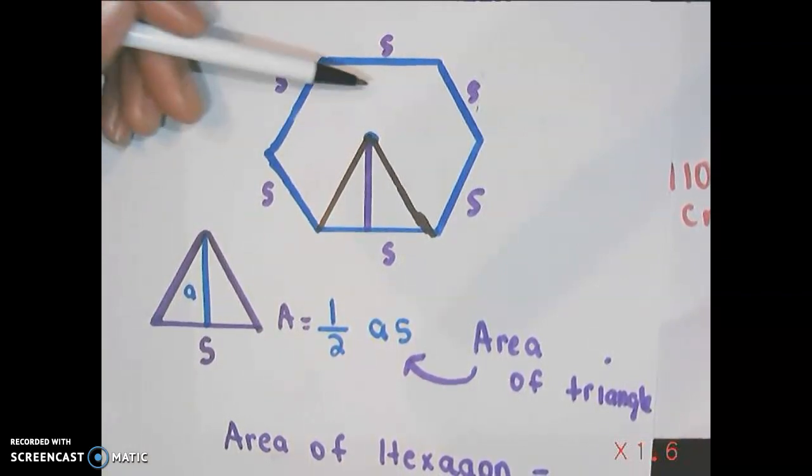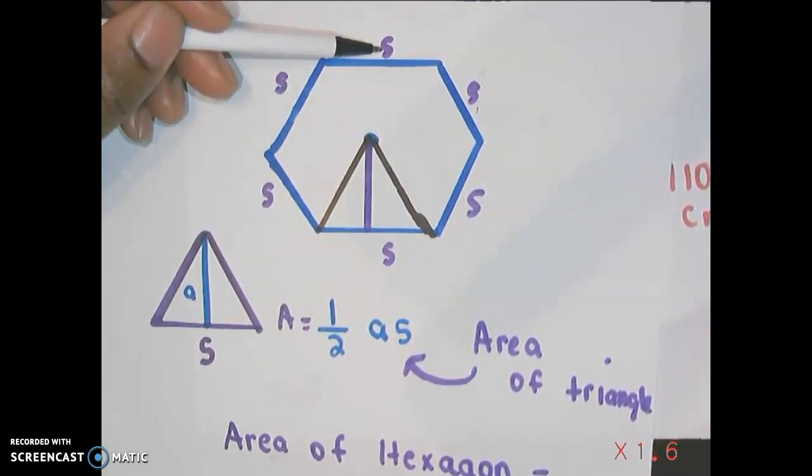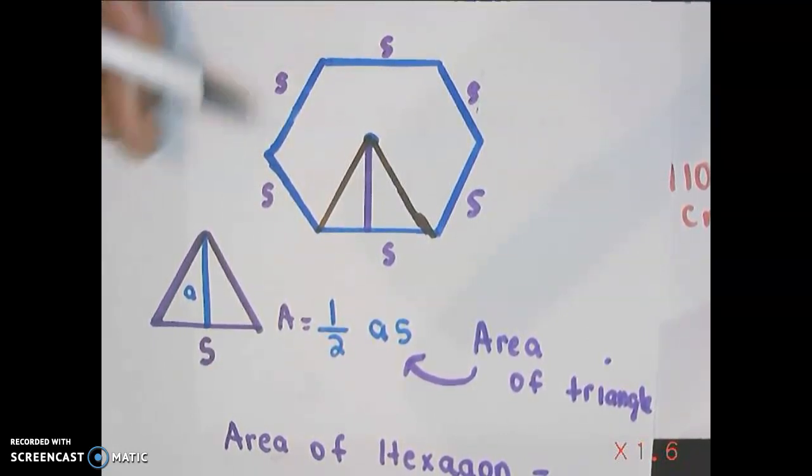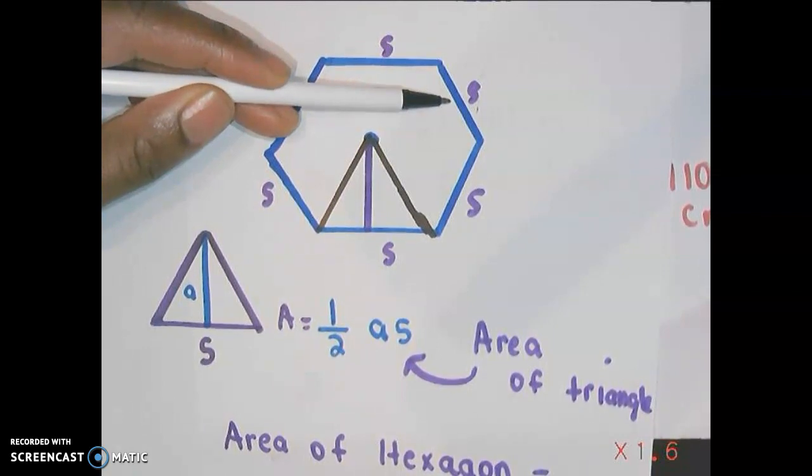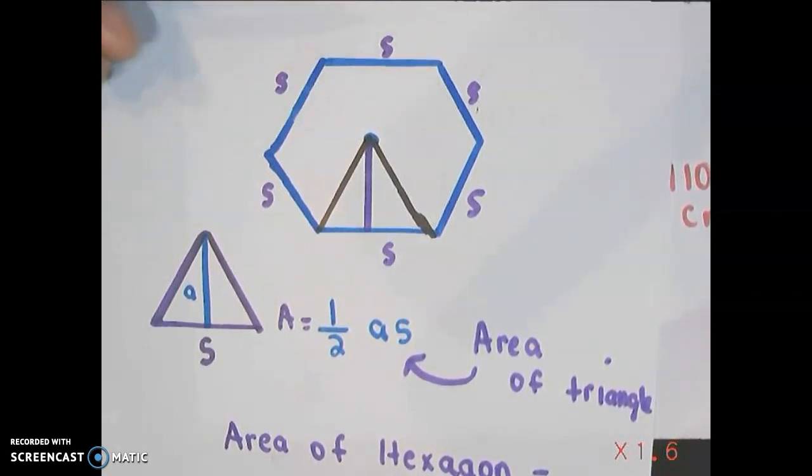That means all the sides are equal, so I'm going to use s to represent the length of the side. This side has a length of s, and this side has a length of s as well.